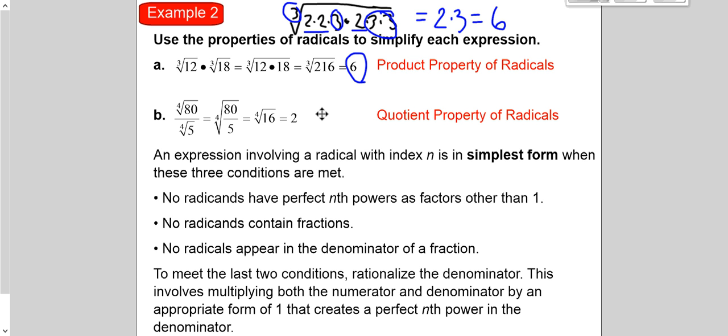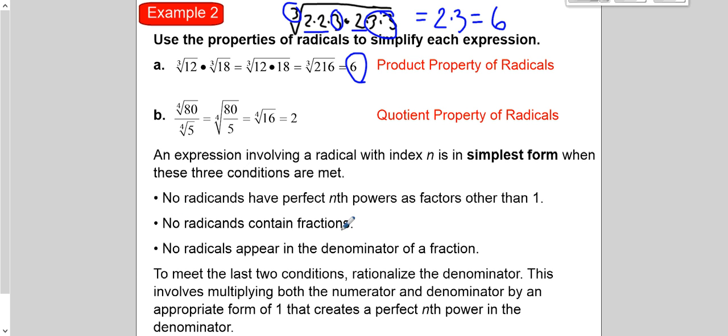So there's our answer. An expression involving a radical with index n is in simplest form when these 3 conditions are met. No radicands have perfect nth powers as factors other than 1. So in other words, if we're doing a cube root and we have a set of 3 of them, we've got to pop it out. The radicand is the thing inside the radical.